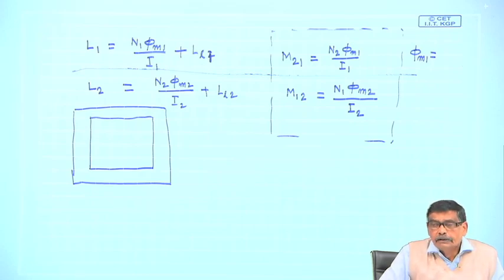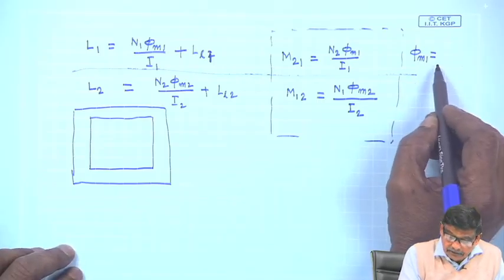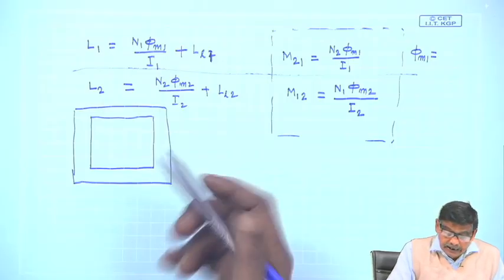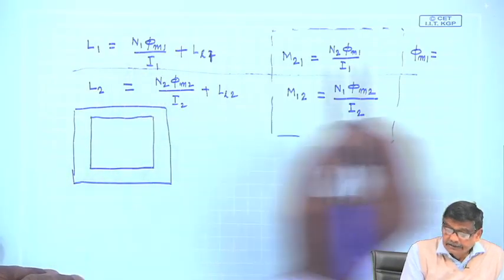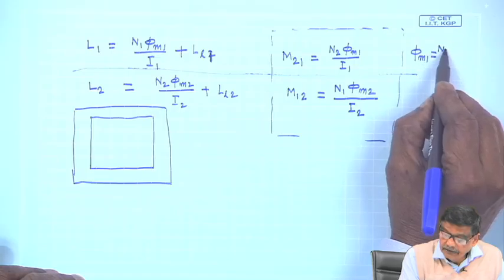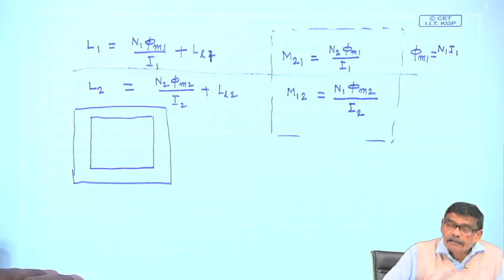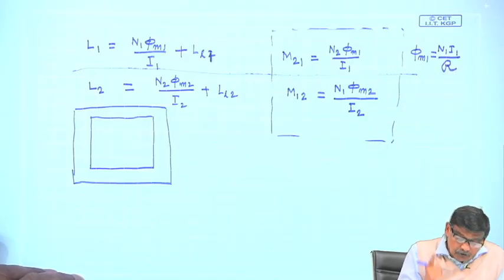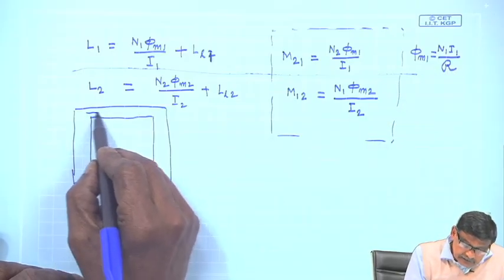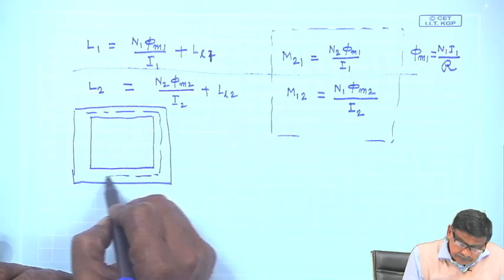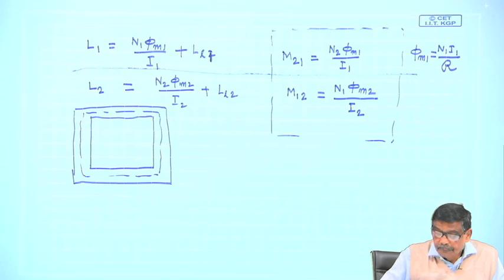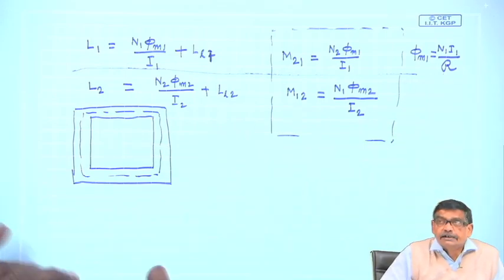If I assume it is a linear magnetic circuit, phi m 1 will be nothing but mmf divided by reluctance. In this case, when coil 1 is energized, mmf is N 1 into I 1, divided by the reluctance of this flux path, which completes its path in the core. So, this curly R is the reluctance.